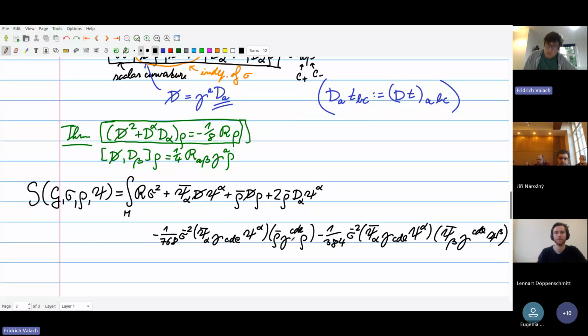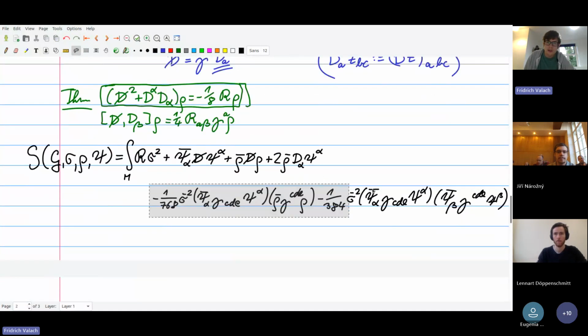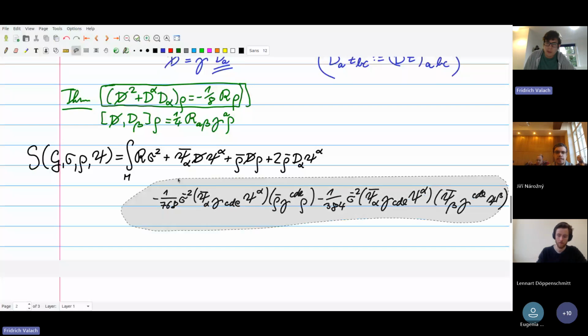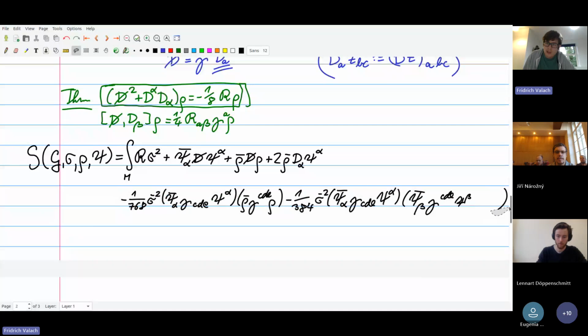Okay, so there is a term which has 2 psi's and 2 rhos, and a term which has 4 psi's. You may ask: I'm claiming these are the only things that you can write down, that there is nothing else compatible with generalized geometry. What about the term which has 4 rhos in it? The answer is that one vanishes.